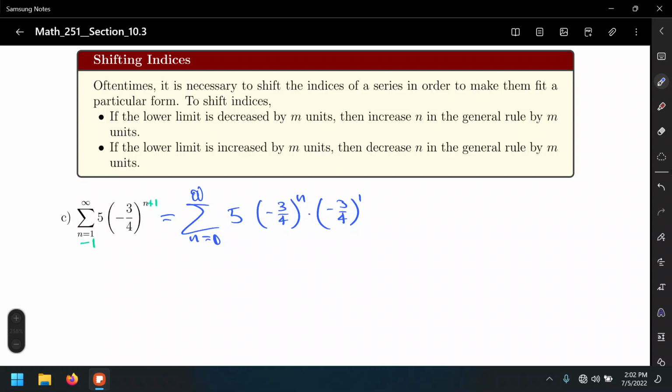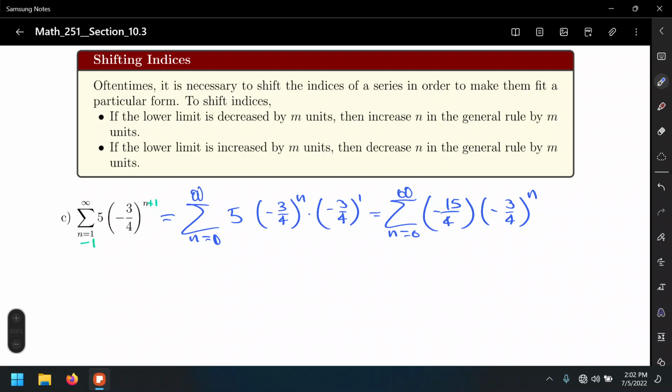We multiply this 5 with this negative 3/4, and that's the sum from n equals 0 to infinity of negative 15 over 4 times negative 3/4 to the n power. We just rearranged the given infinite series in the desired form.